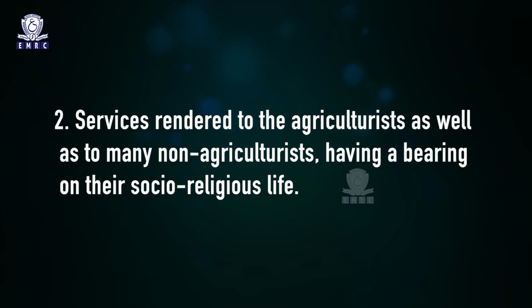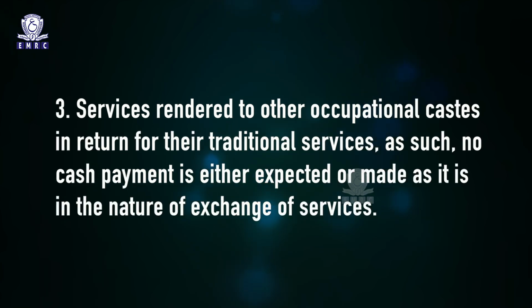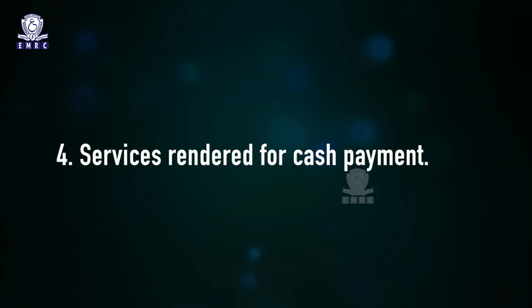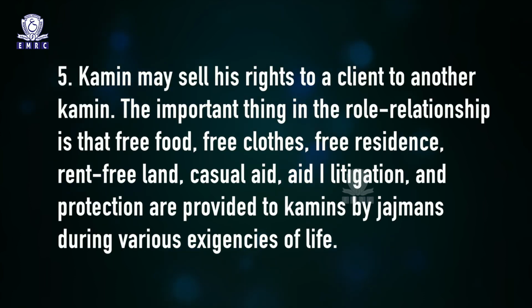Two, services rendered to the agriculturist as well as to many non-agriculturists having a bearing on their socio-religious life. Three, services rendered to other occupational castes in return for their traditional services. As such, no cash payment is either expected or made, as it is in the nature of exchange of services. Four, services rendered for cash payment. A Kamin may sell his rights to a client to another Kamin.